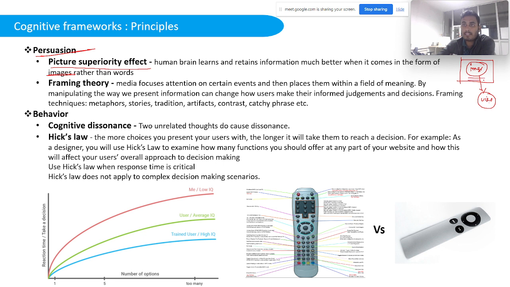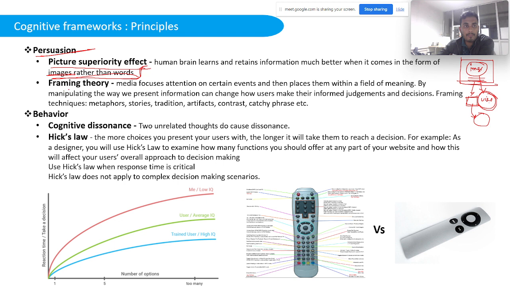However, if you put text, it has to go through two processing steps. First, the text needs to be processed by the language system so you understand what has been said, and only then is it stored in your memory. But visual information can be processed independently by the visual processing system. So this is one you need to consider when you take decisions in reducing cognitive load.